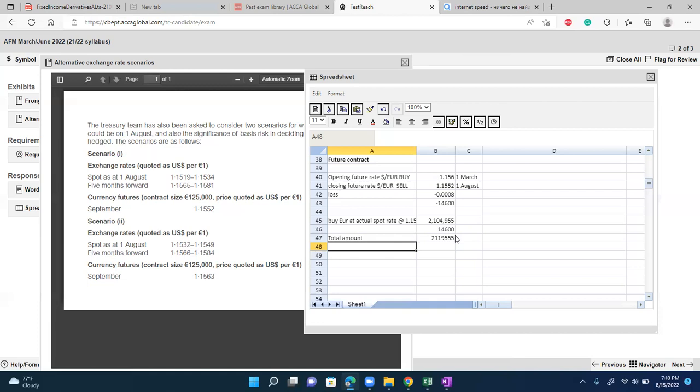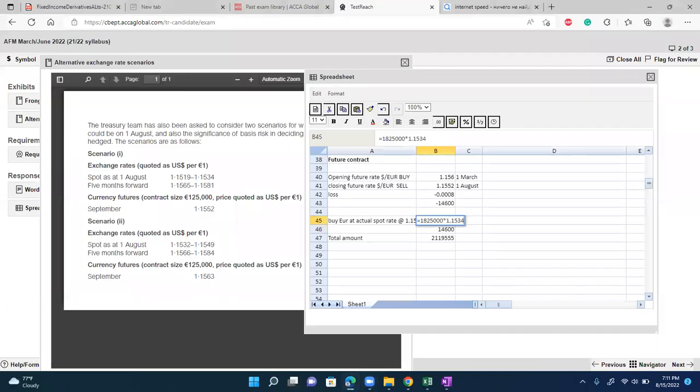Why is it different? So I think this is the same answer.